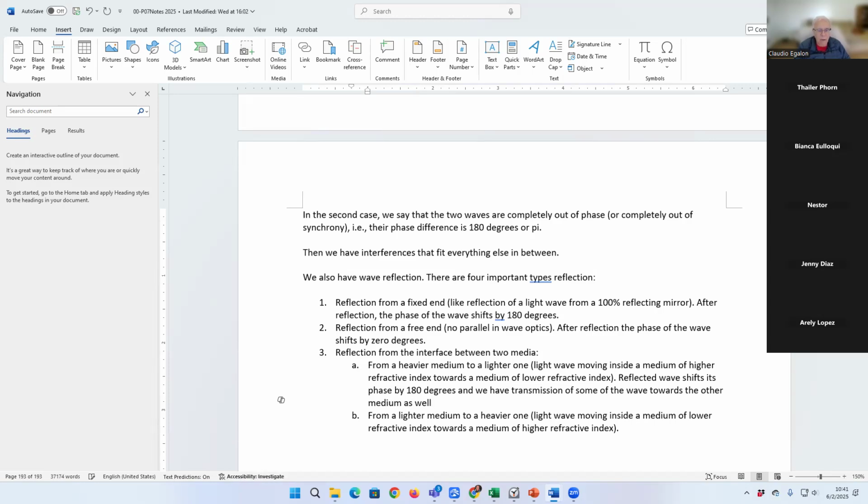We have reflection and transmission. Here we have only reflection, in the first case as well.